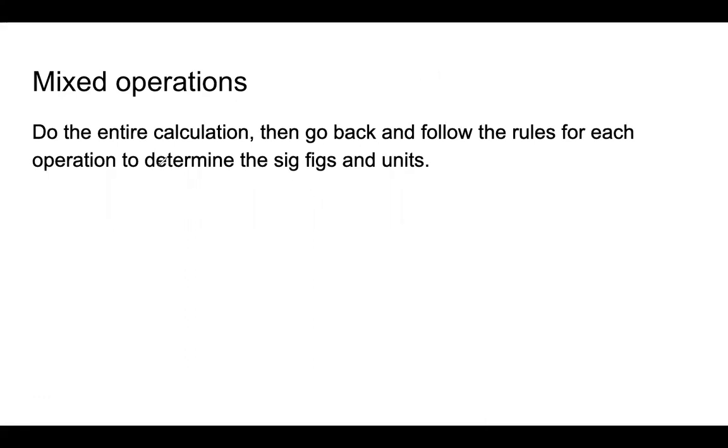All right, so for mixed operations, we're going to do the entire calculation on our calculators, get a whole bunch of digits. Then we're going to go back and follow the rules for each operation to determine the Sig Figs. And of course, we're going to determine the proper units as well. So here is an example of that.